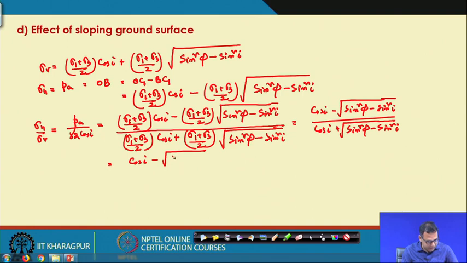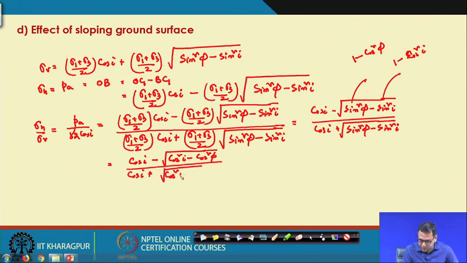So, finally, I can write sin²φ as 1 minus cos²φ, and sin²i as 1 minus cos²i. So, this 1 will cancel and this will be cos²i minus cos²φ. Similarly, this is cos i plus root over cos²i minus cos²φ.